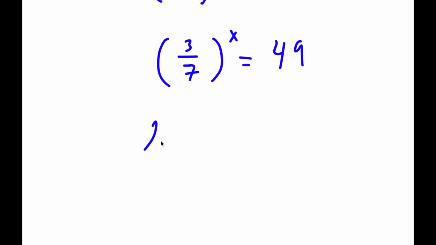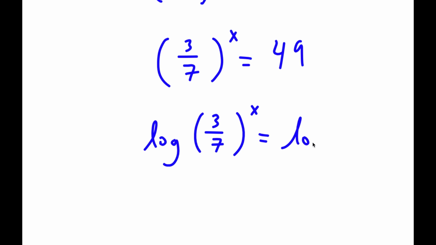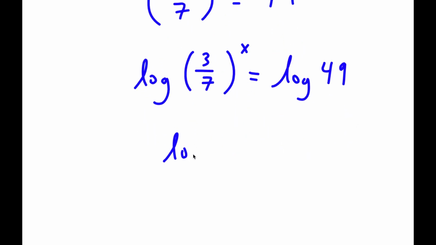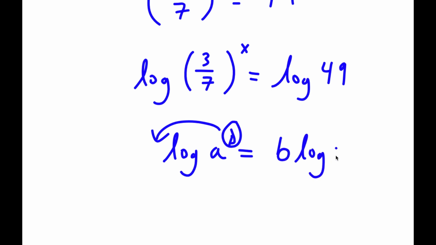Now, if I take the log on both sides, if I have something in the form log a to the power of b, I can move b to the front, so this is going to equal b times log a. So in this case, log 3 over 7 to the power of x, I can move x to the front.